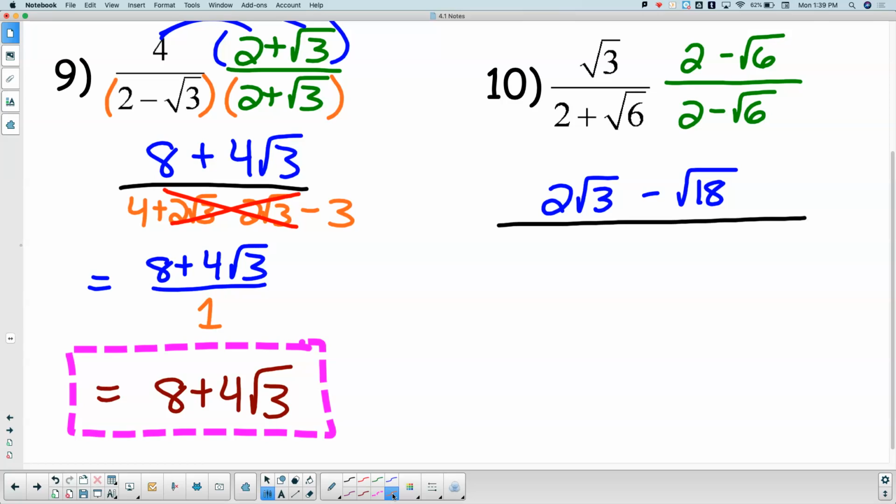Multiply it on the bottom, I get 4 minus 2 square roots of 6 plus 2 square roots of 6 minus the square root of 36, which is just 6. These middle two go away.